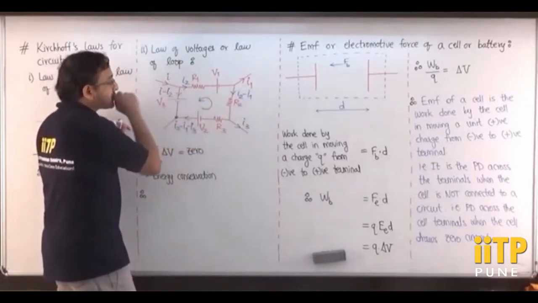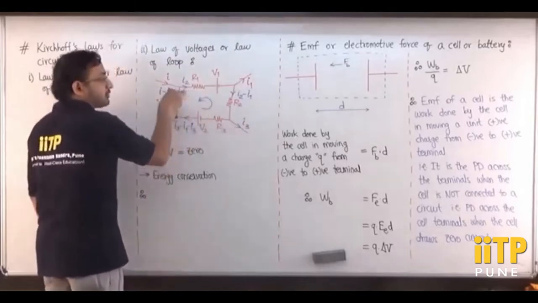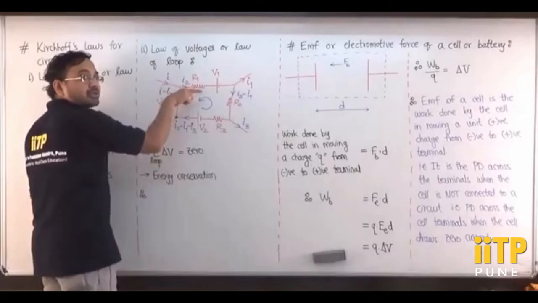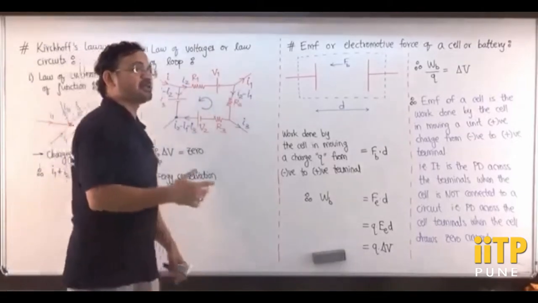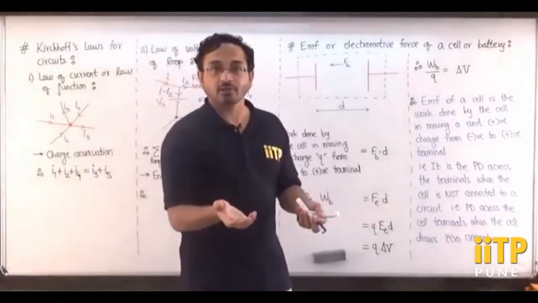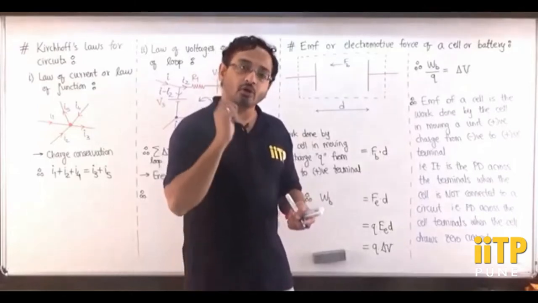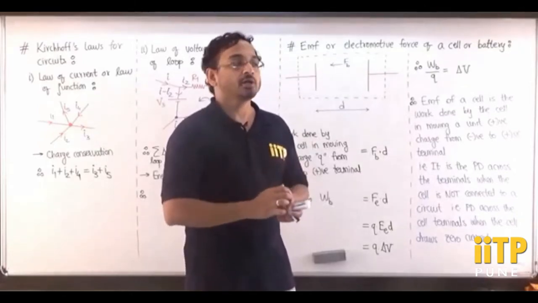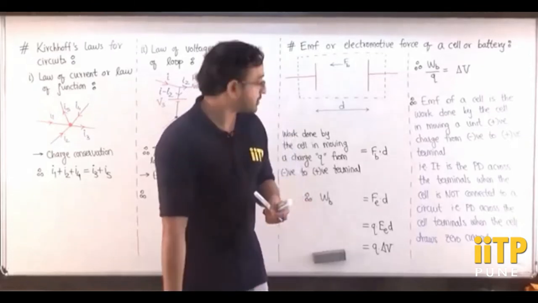If I find that current I2 is negative, I will conclude that my assumption of this direction is wrong, and the current actually flows in this direction. So that is a nice thing about Kirchhoff's laws. It doesn't matter what assumption you make, as long as you follow the correct sign conventions, you will always get the correct answer. Kirchhoff's laws will always rectify your assumptions.